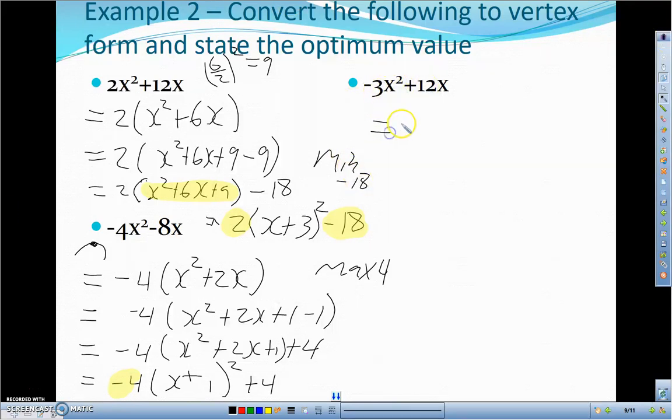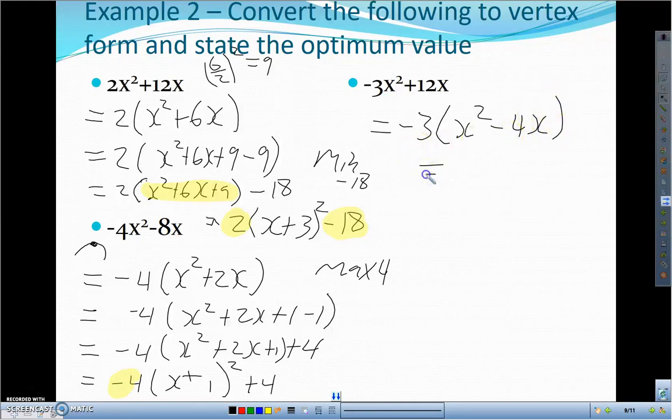We factor out the minus 3. This turns into x squared minus 4x. Half of 4 is 2, and squared is going to be 4. So minus 3 bracket x squared minus 4x plus 4 minus 4.